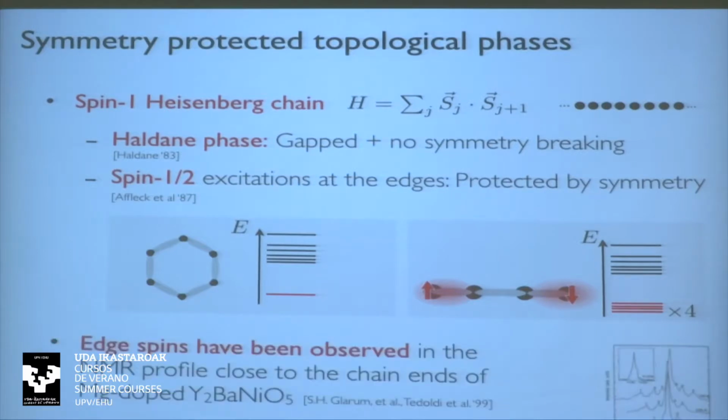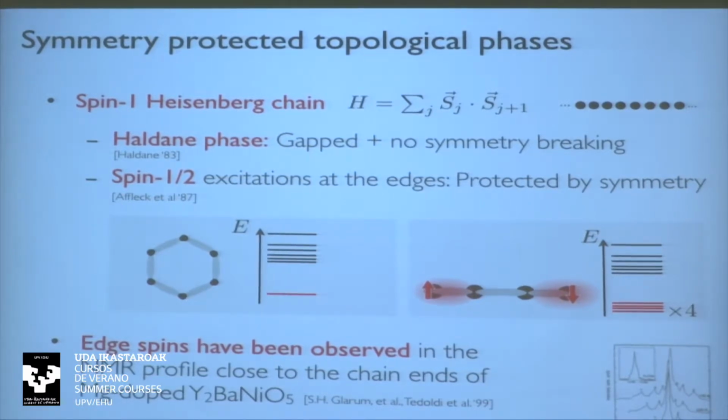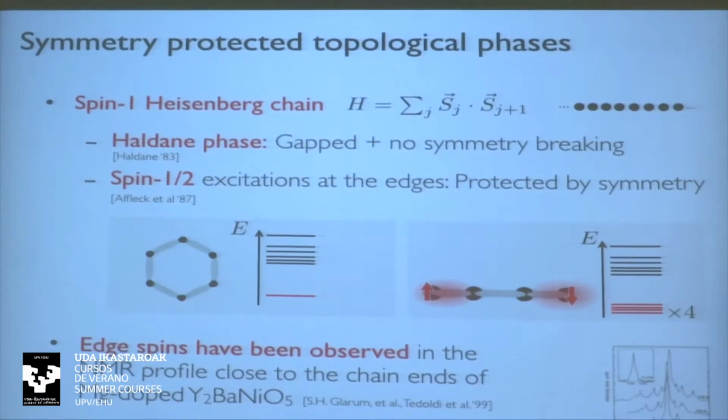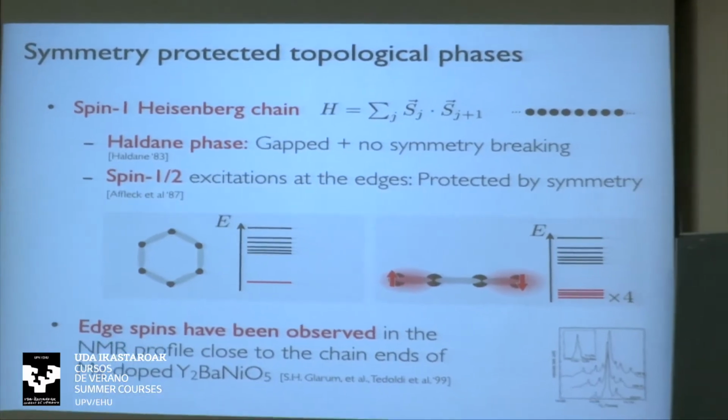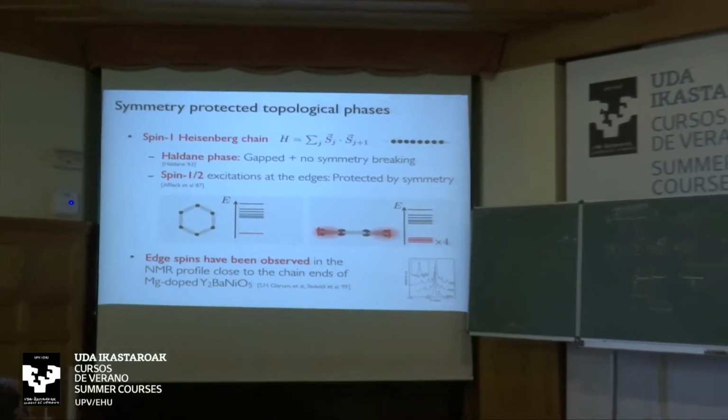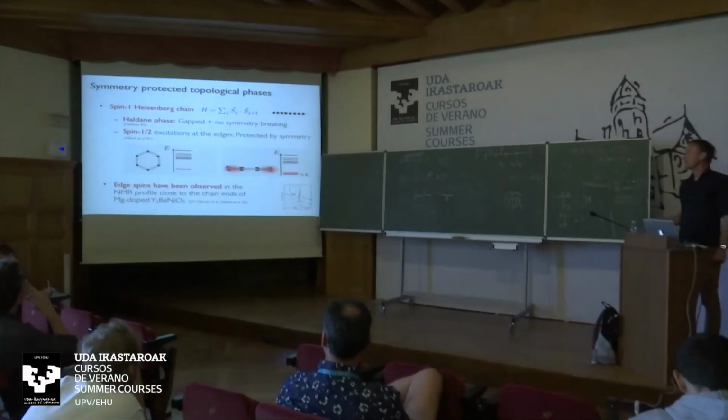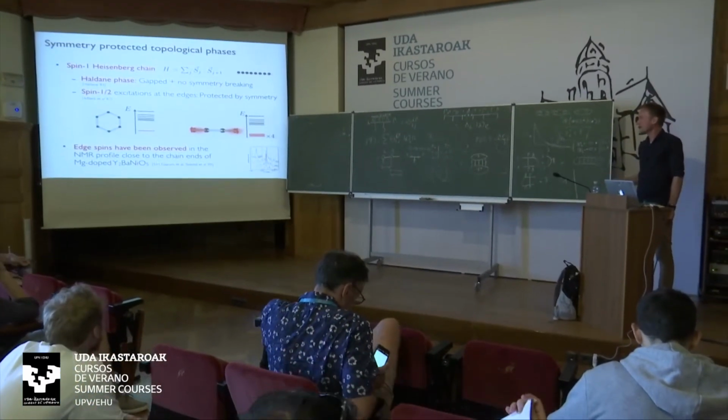And this is not just a theoretical curiosity, it's actually something that can be measured in experiments. For example, there are certain materials that are, to a good approximation, described in terms of one-dimensional spin 1 chains.